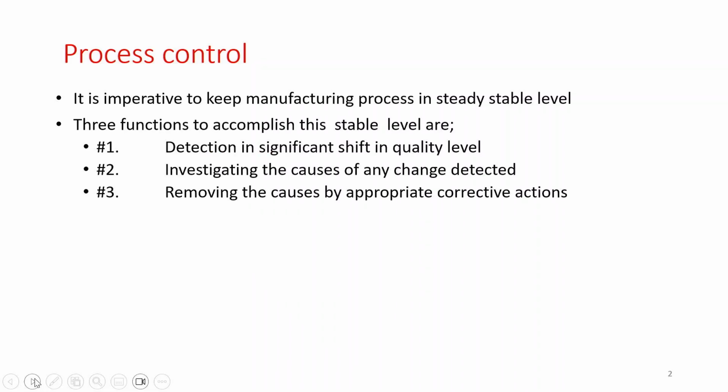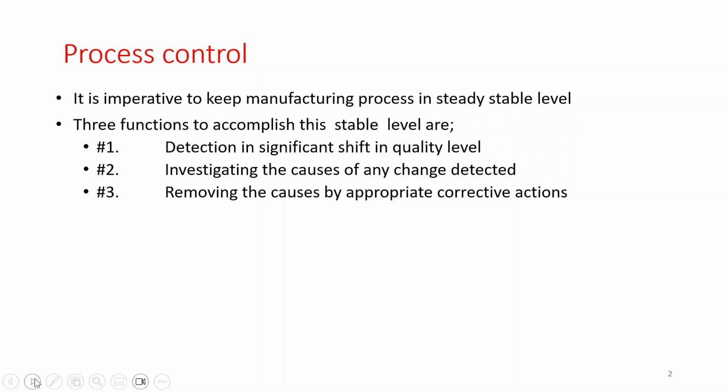So, to keep the process in a steady and stable state, there are three functions that we need to accomplish. What are those three functions? Number one, detection of significant shift in the quality level.